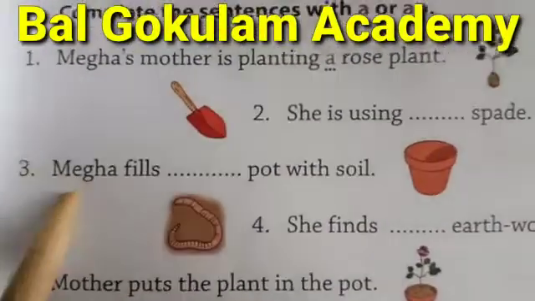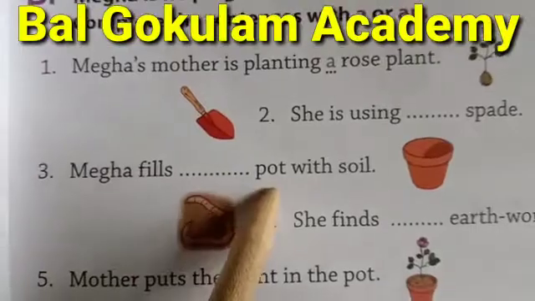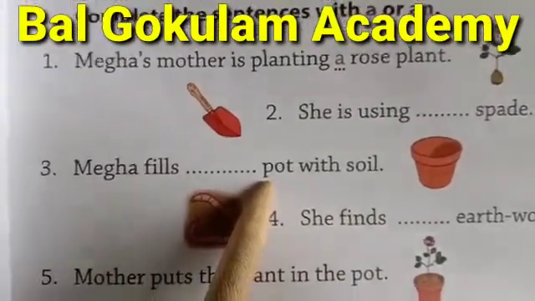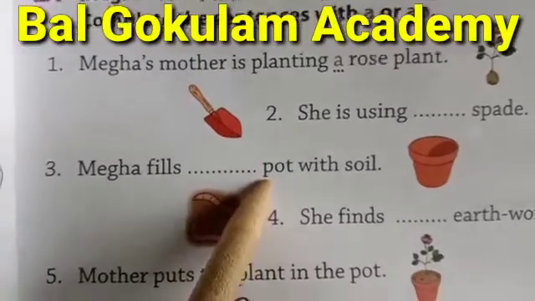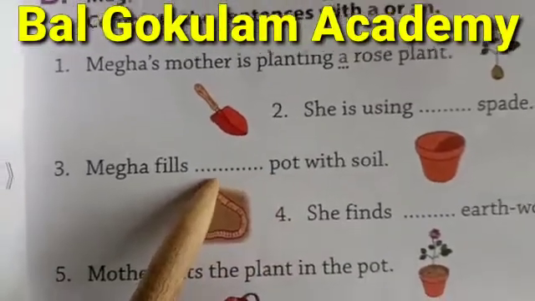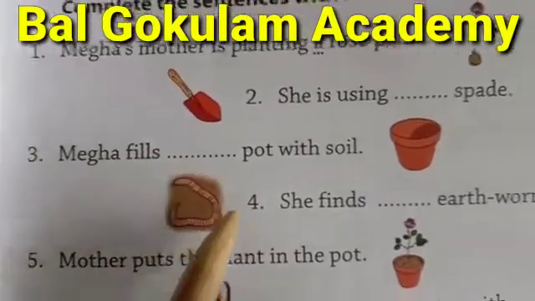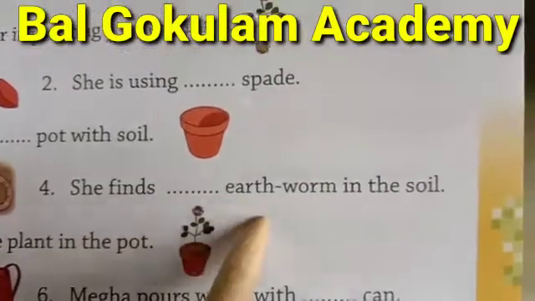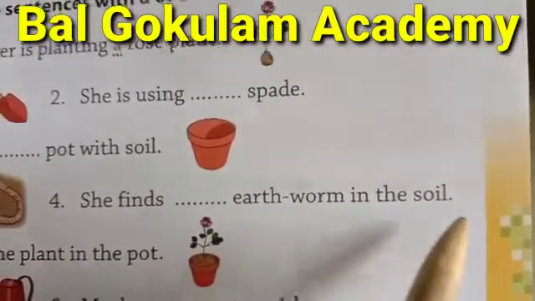Third, Megha fills a pot with soil. Here the word pot begins with consonant sound, so we use here the article a. Fourth, she finds an earthworm in the soil.